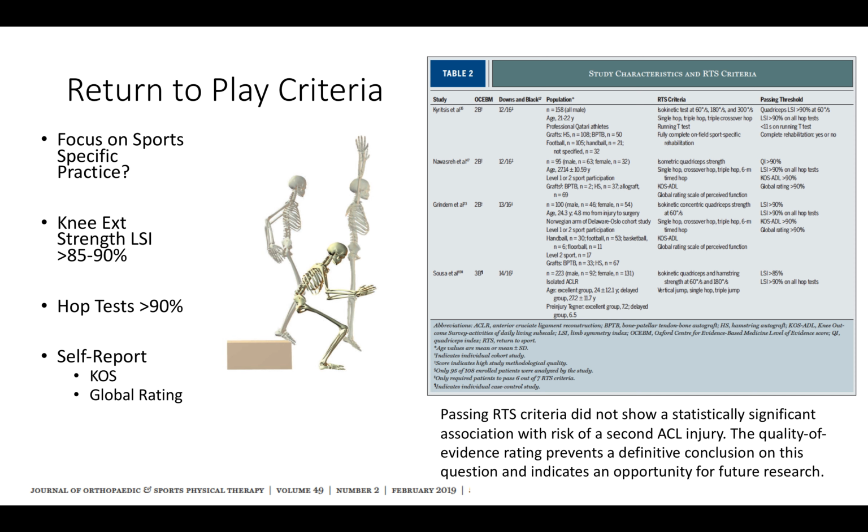And then self-report scores, like the KOS, the knee outcome scale, and global rating. And this study on the right was just performed this month, and it's a systematic review that selects these 4 high-level studies that look at if the return to play criteria influences re-injury.